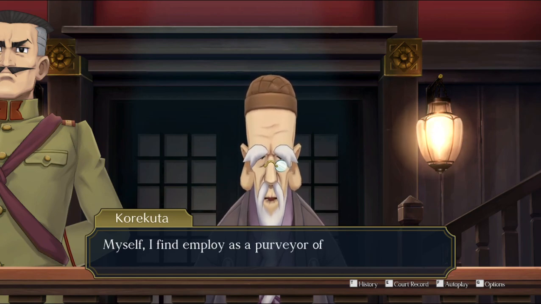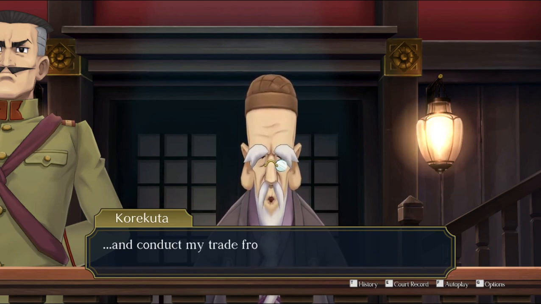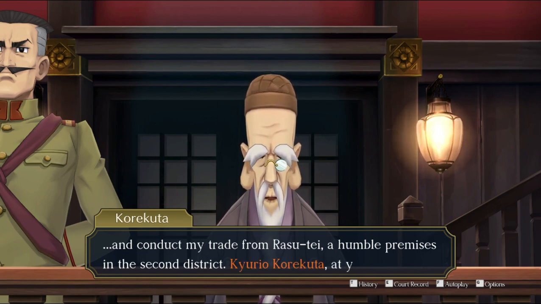Myself, I find employ as a purveyor of fine articles of antiquity from the effluence of our nation, Nippon. Yeah, Nippon is Japan. And conduct my trade from Rasuti, a humble premises in the second district of Korikuta. At your service.